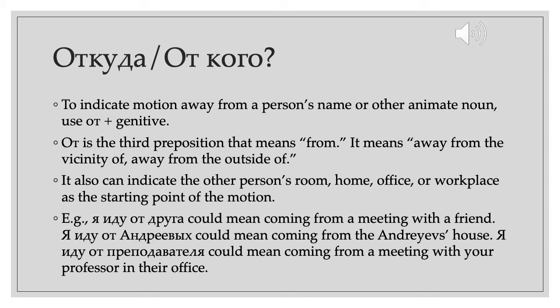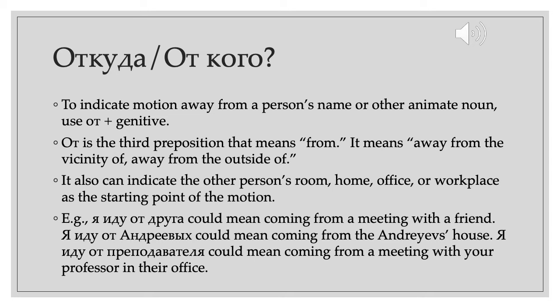Из means from the inside of, so we use it to describe exiting an enclosed space. С means down from or off of, and we use it to describe leaving an open space or activity. От means away from the vicinity of or away from the outside of. So when you're standing outside of something and you move away from it, you use от.